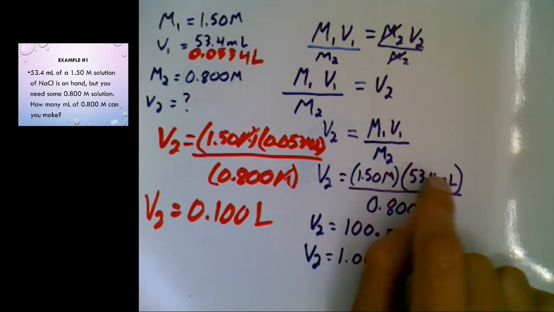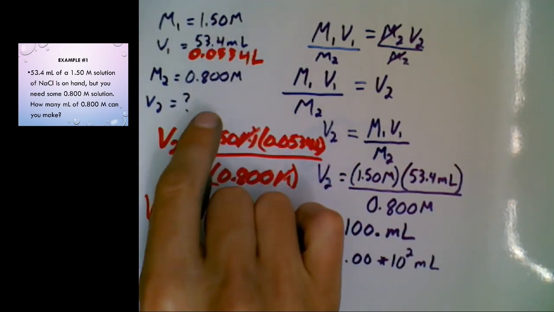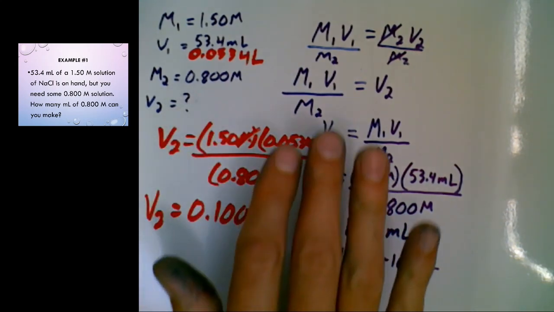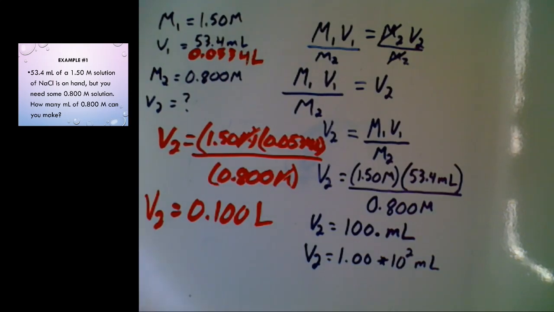If I had 2 volumes, I'd have to make sure they were both milliliters or both liters. But in the dilution equation, it doesn't matter if you use milliliters or liters, as long as you're using the same thing on both sides of the equation. So now that we've done that, let's take a look at a second example.